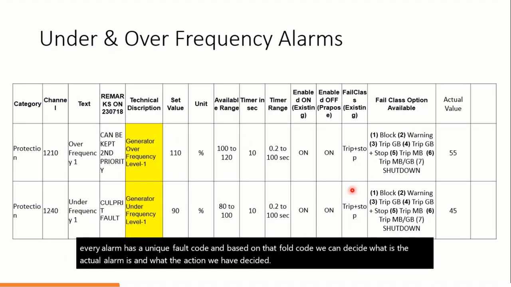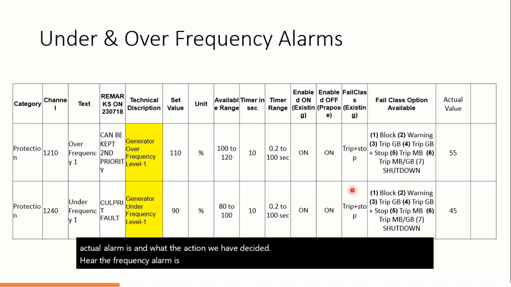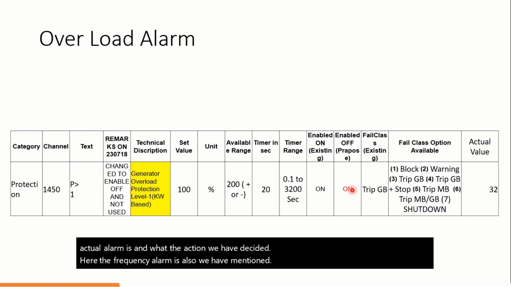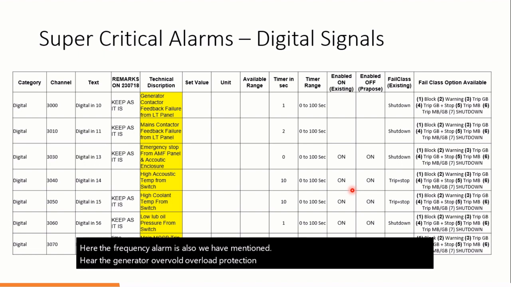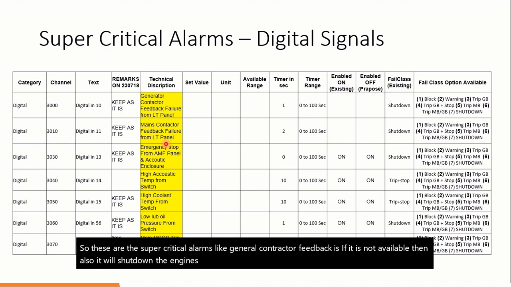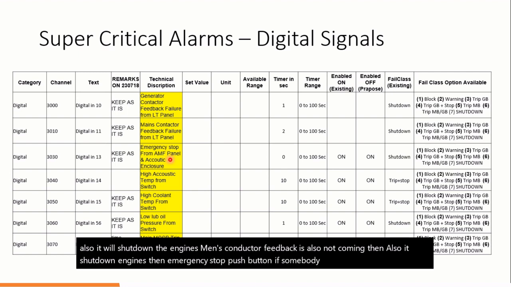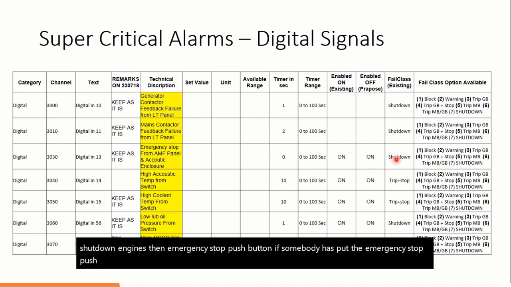Here the frequency alarm is also mentioned, and here the generator overload protection alarm as well. These are the supercritical alarms, like generator contactor feedback. If it is not available, then it will shut down the engine. If mains contactor feedback is not coming, it will also shut down the engine. Then the emergency stop push button: if somebody presses it, the engine will immediately shut down.